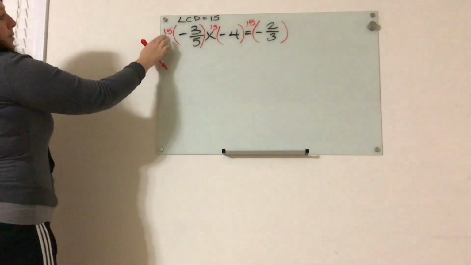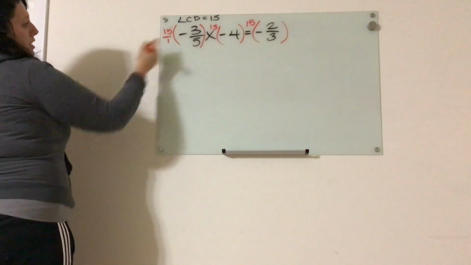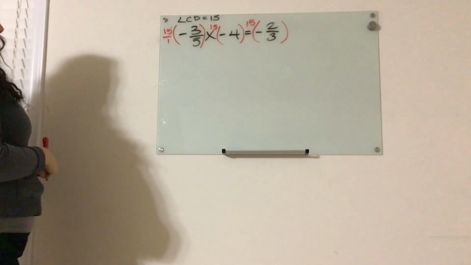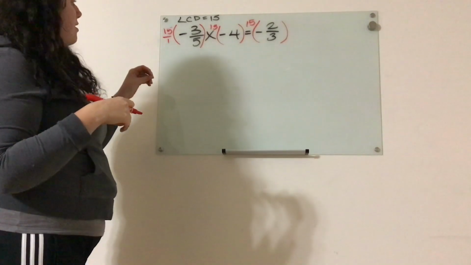So if we're multiplying by the whole number 15, remember if I'm multiplying that by a fraction, I can set it over 1 if you need to. And when I multiply fractions, I'm just going to multiply straight across.